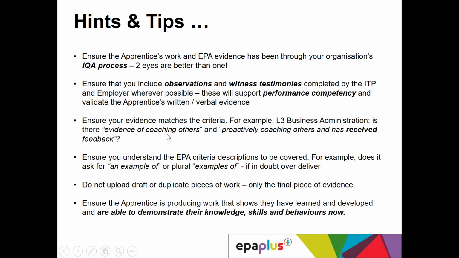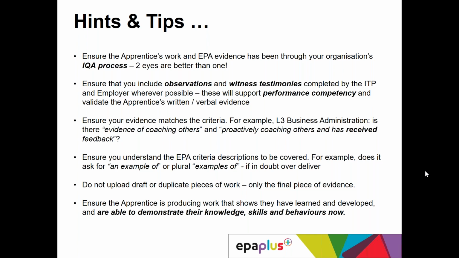Ensure your evidence matches the criteria. Now, we're getting into a couple of points about wording, and this is really important. So, for example, level 3 business administration. Is there evidence of coaching others? If they put forward evidence that they have coached others, that's great. But in another section, it asks, have they proactively coached others and received feedback?